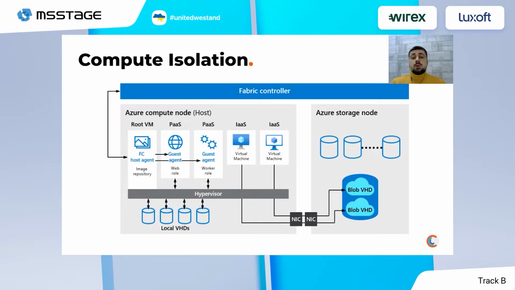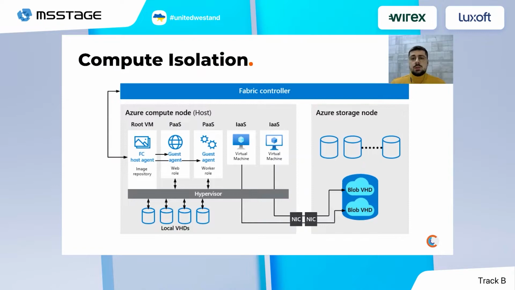Another concept is compute isolation. The Microsoft Azure compute platform is based on machine virtualization. This approach means that your code, whether it's deployed in a platform as a service worker role or an infrastructure as a service virtual machine, executes in a virtual machine hosted by the Windows Server hypervisor. On each Azure physical server, also known as a node, there is a type 1 hypervisor that runs directly over the hardware and divides the node into a variable number of guest virtual machines.